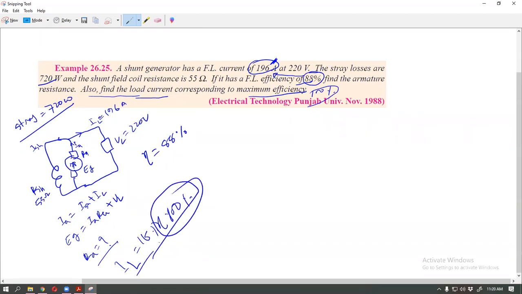Okay, this is your second part. Now we finish this part. You know that this is the efficiency 88%.